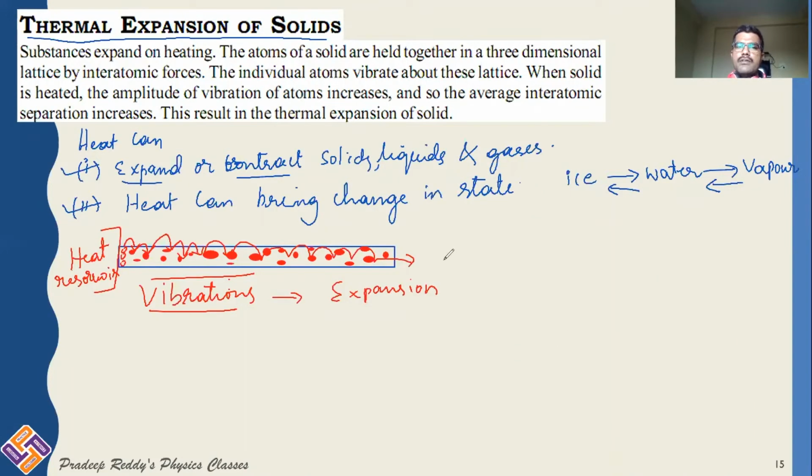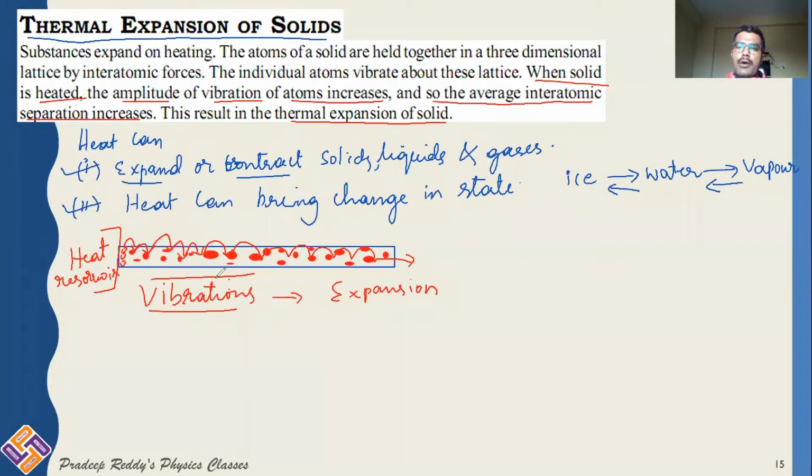So when a solid is heated, the amplitude of the vibrations of atoms increases, and so the average interatomic separation increases. This results in thermal expansion of the solid. That is the main reason for thermal expansion. So when you are providing heat energy to the solid, the atoms undergo vibrations rigorously, and because of that the material would undergo expansion.